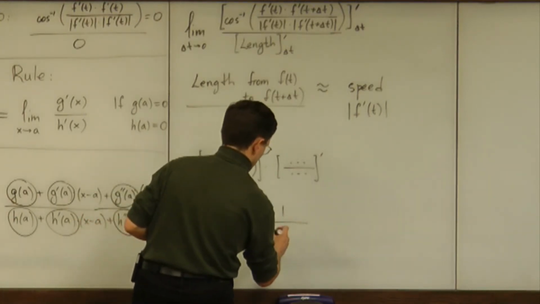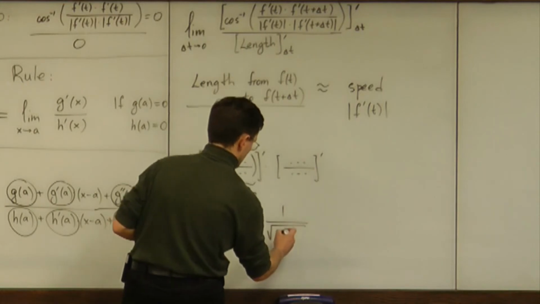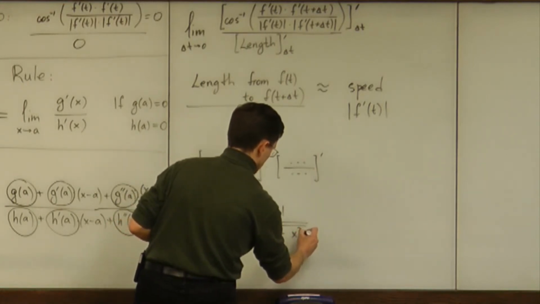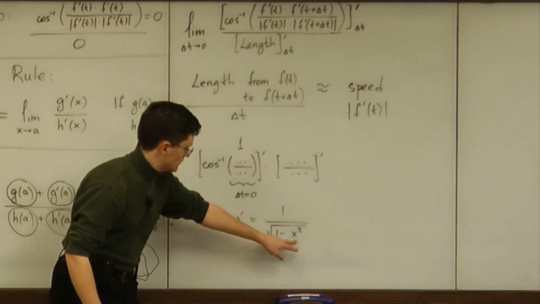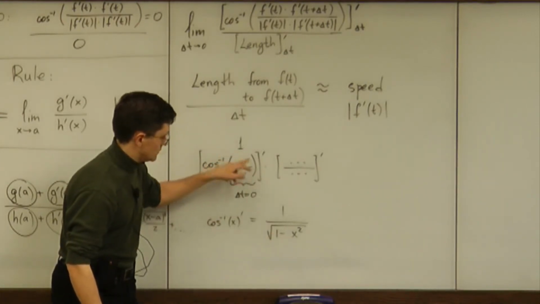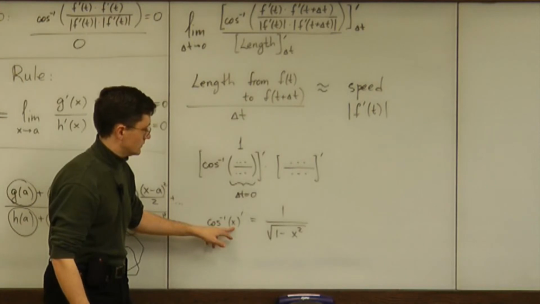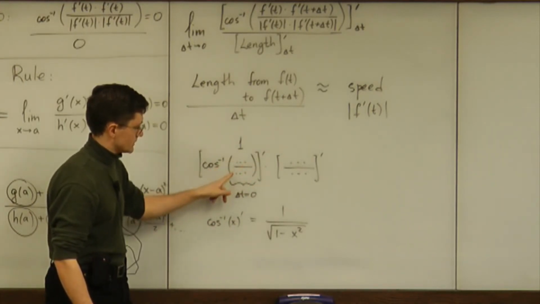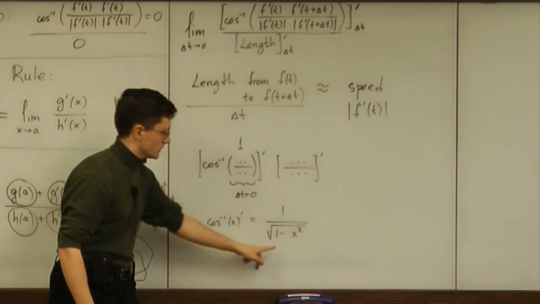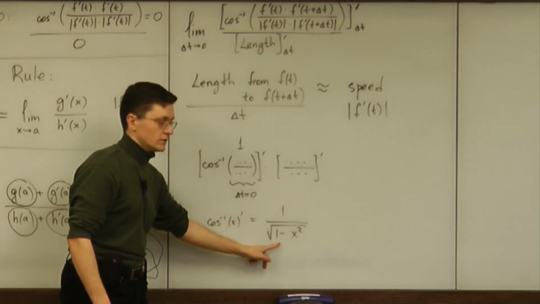And if you remember it, it has something to do with this fraction, 1 over the square root of 1 minus x squared. And what you see immediately is that when you substitute 1 for the argument, the whole argument being x, if you substitute x equals 1, you get infinity.